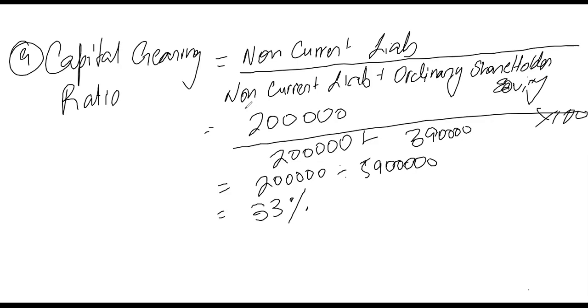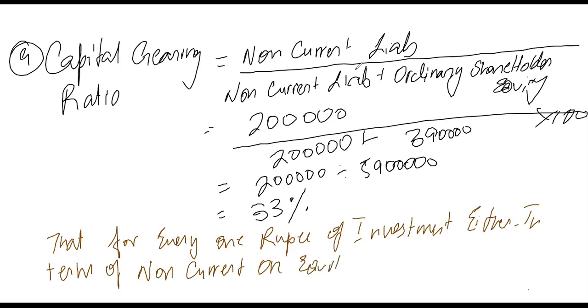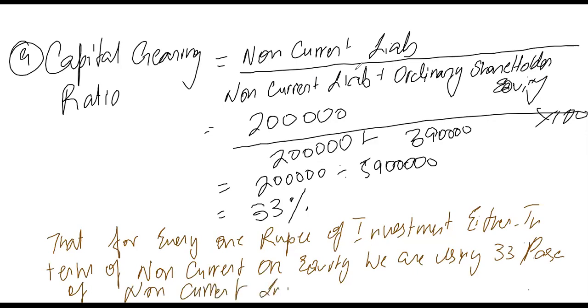I can interpret this answer by saying that for every 1 rupee of investment, either in terms of non-current liabilities or equity, we are using 33% or 33 paisa of non-current liabilities.